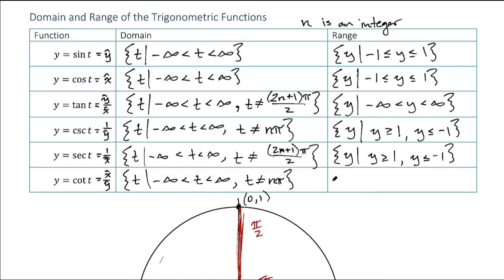And our range, we can use the same reasoning as we did for the tangent. We're dividing the two coordinates, the y by x or x by y. And so when we divide by something really close to 0, we get really big numbers. And when we have really small numbers on top, we get really small numbers. And so we actually end up with all possible values. Y could be anything from -infinity to infinity.